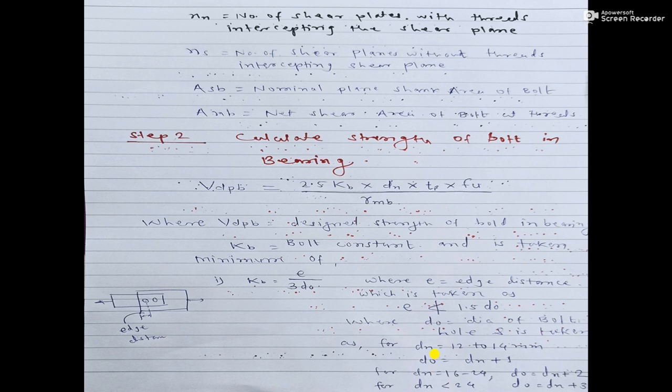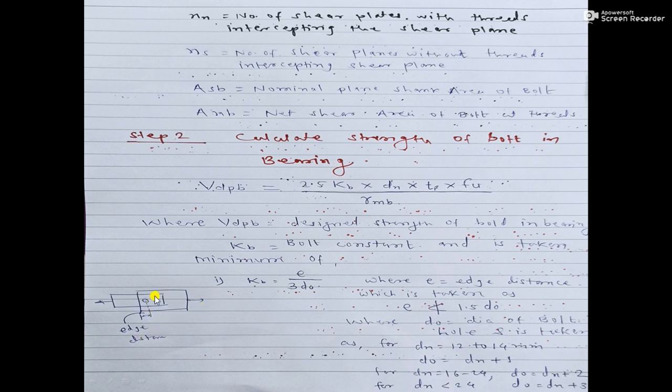When we are going to design, that is, insert this bolt to connect these two plates, at that time the diameter of the hole somewhat increases. This increased diameter is known as gross diameter or hole diameter, and it is mentioned as D0. So while bolting, the diameter of the bolt is the nominal diameter, and after bolting the diameter of the bolt is the gross diameter. So after bolting we have to calculate the design load.